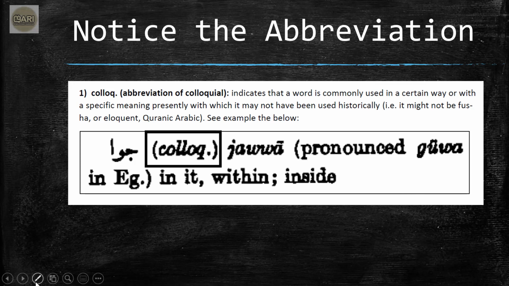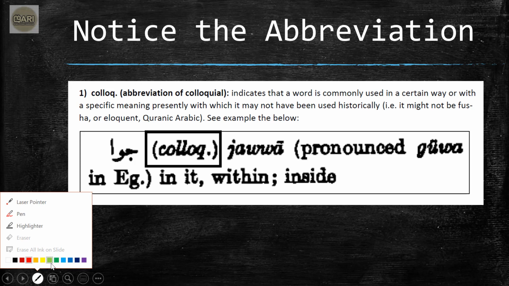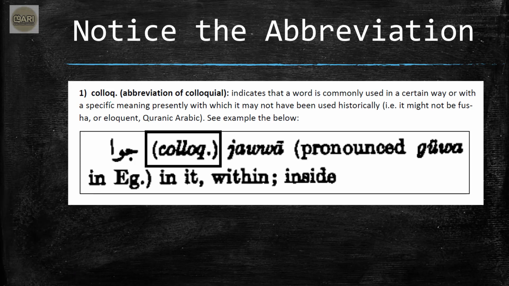So our first abbreviation, let's bring up trusty pen here. Our first one is colloq., which here is for colloquial. When a word is colloquial, what that means is that it's used contemporarily.